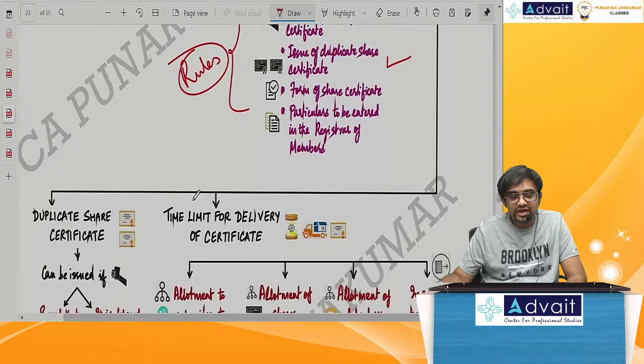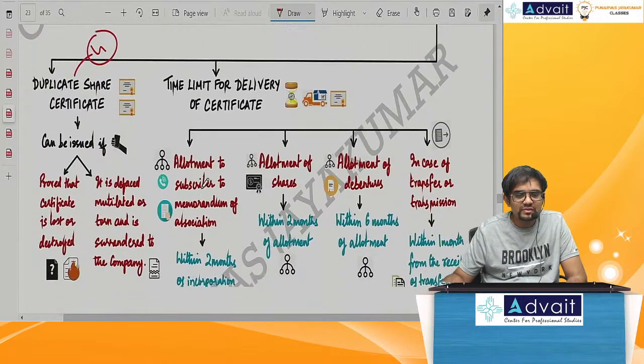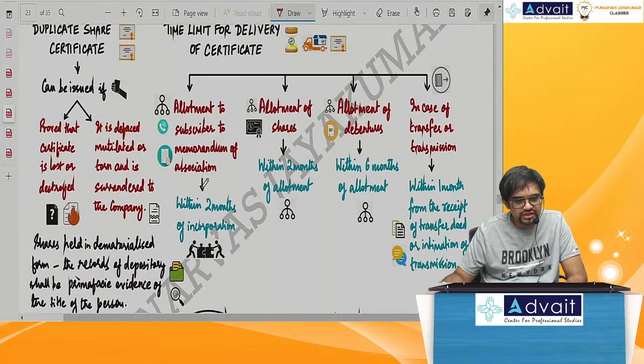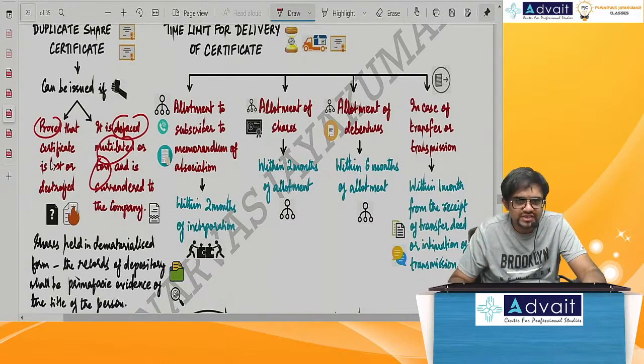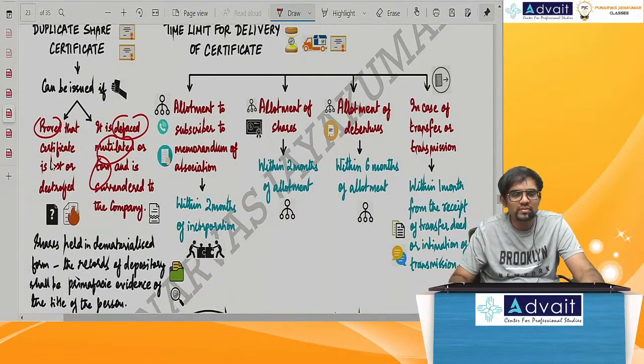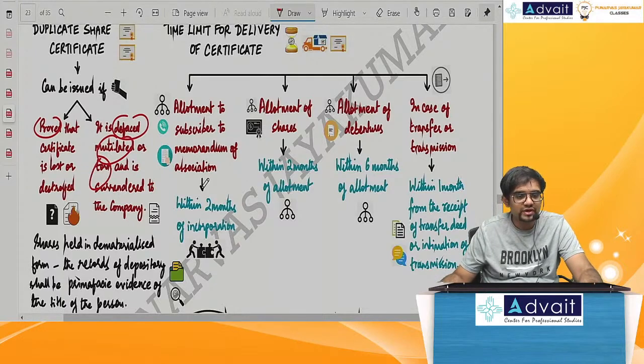What if my share certificate is lost? This again can be a 4-mark question. What will happen if the share certificate is lost, defaced, or mutilated? Defaced means it is torn, it has completely lost its original form. In that case, it's completely mutilated, destroyed.